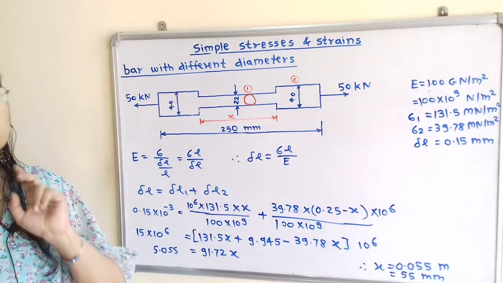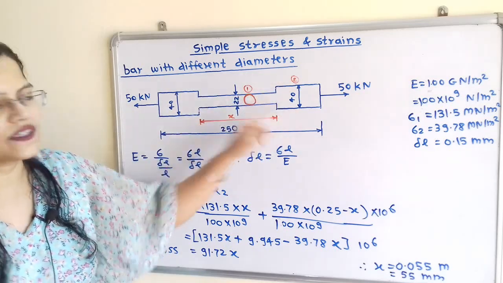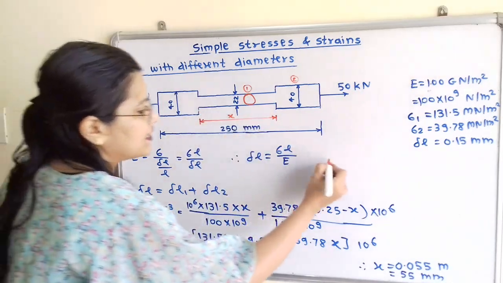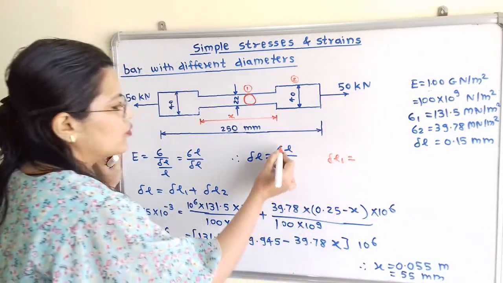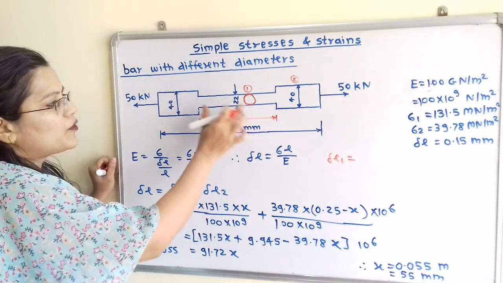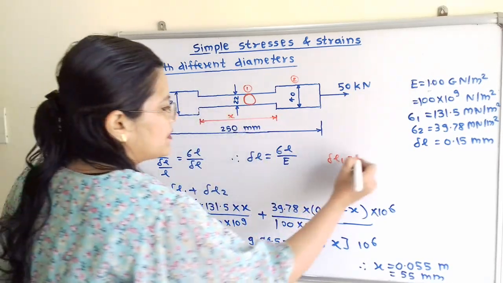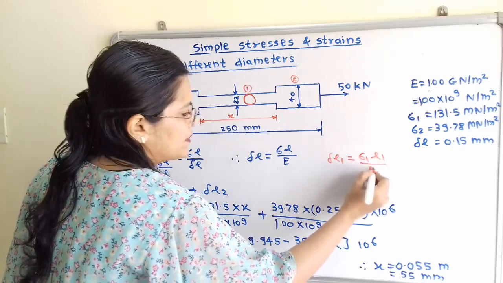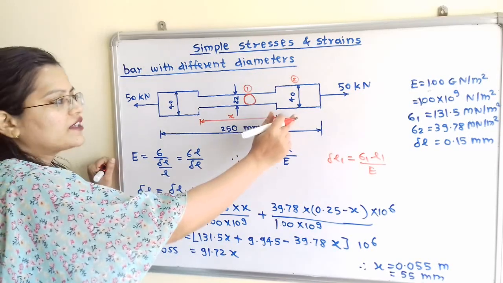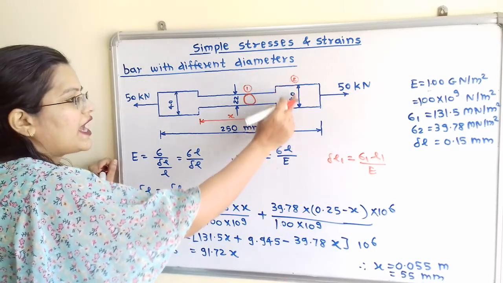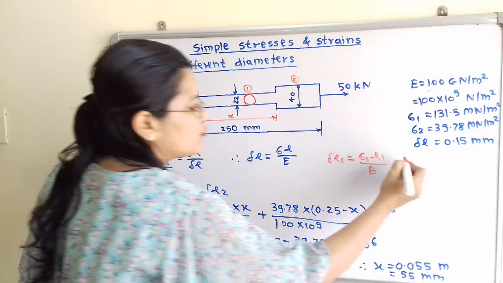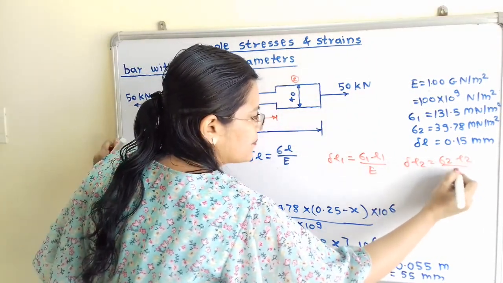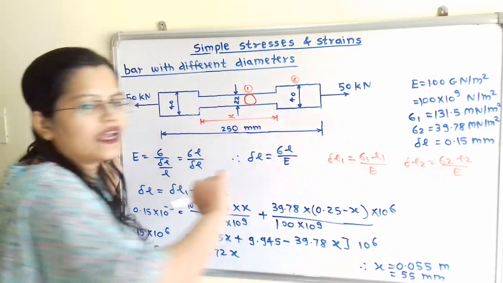Now we have two suffixes. For the middle portion, which has diameter 22 millimeter, delta L1 is equal to sigma 1 L1 divided by E. For the portion having diameter 40 millimeter, delta L2 is equal to sigma 2 L2 by E. Now what are the values of L1 and L2?